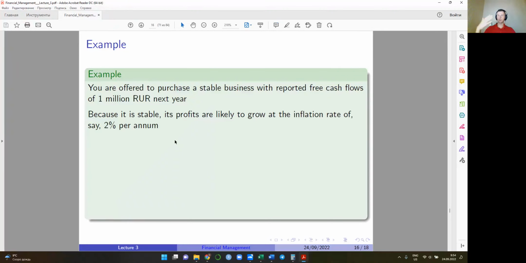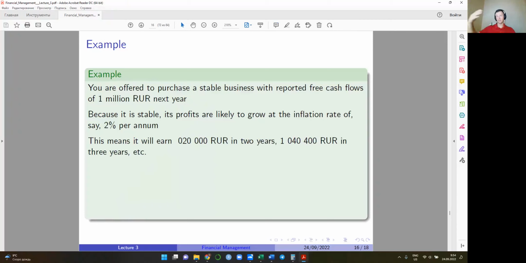So every year you will be receiving 2% more, like 1,020,000, 1,040,400 rubles, and so on. So you keep doing this, and you don't know when this business stops. This stream of payments lasts indefinitely.